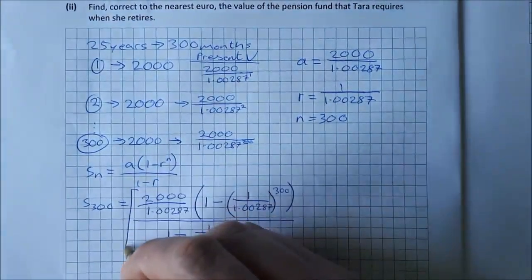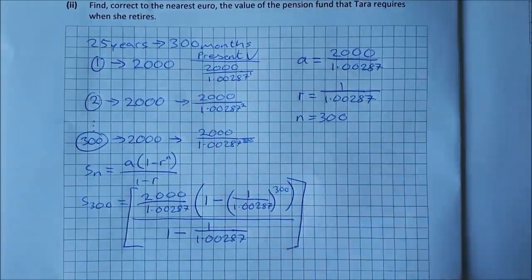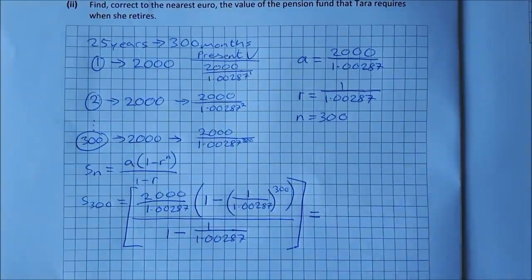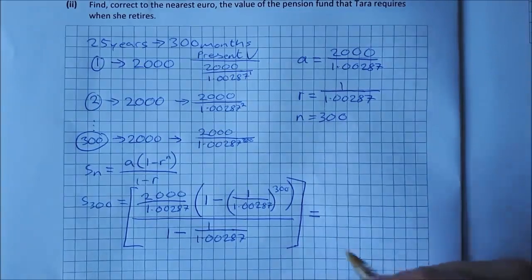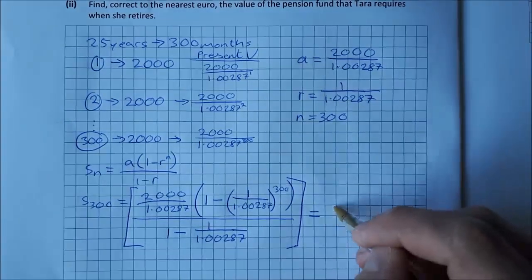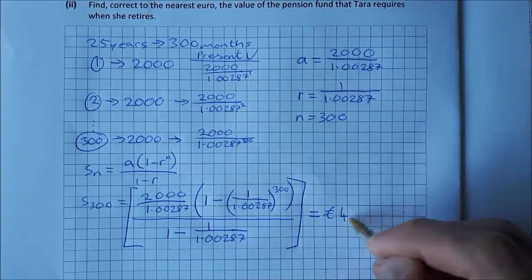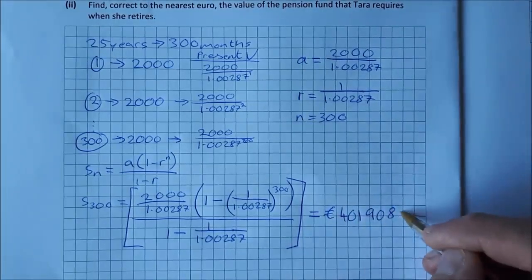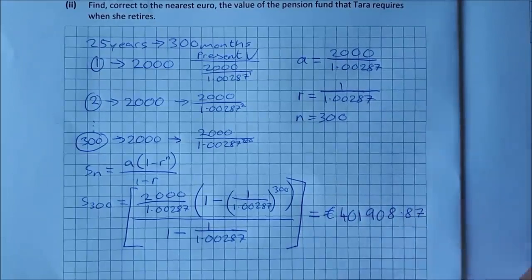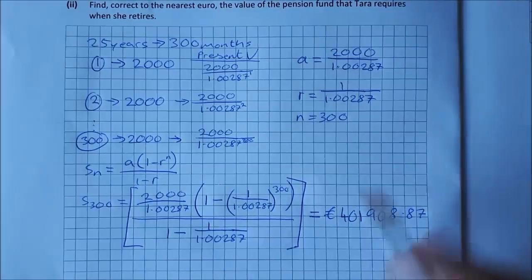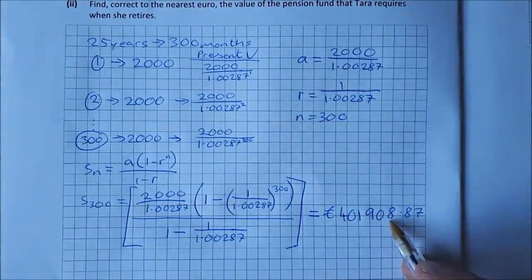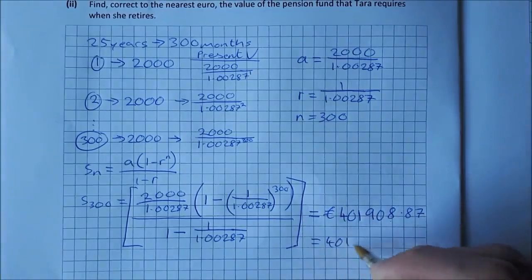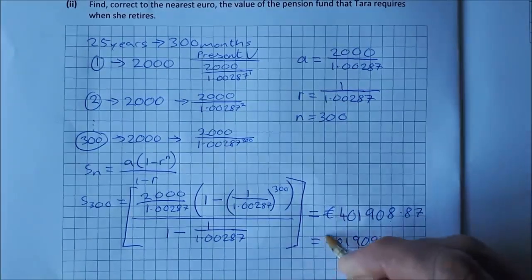That whole thing can go into your calculator, and if you are careful typing it in and you keep your brackets where they're supposed to be, you'll get a value of 401,908 euros and 87 cents. It wanted it correct to the nearest euro, so we can round that up to 909. So that's equal to 401,909 euros.